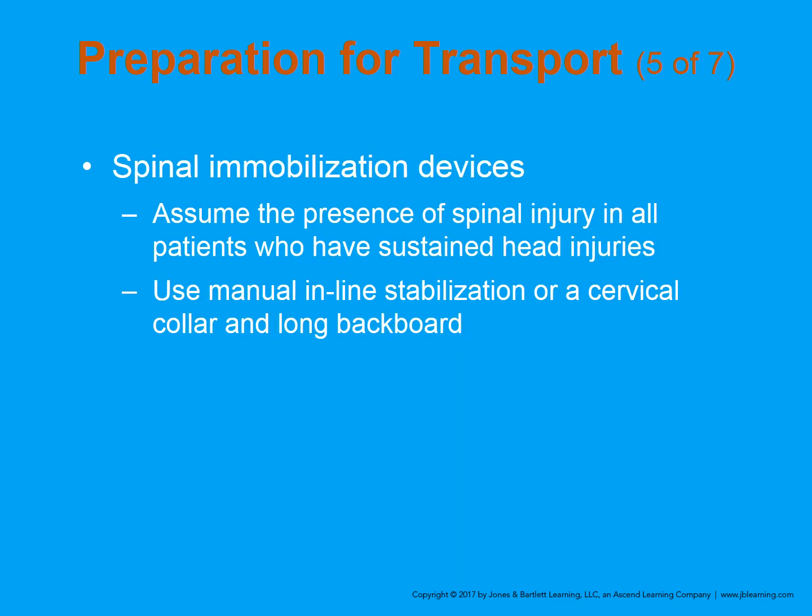Spinal immobilization devices assume the presence of spinal injury in all patients who have sustained head injury. Use manual inline stabilization, a cervical collar, and a long backboard. And so all patients that we suspect a spinal injury, regardless of potential for, should have a C-collar in place.